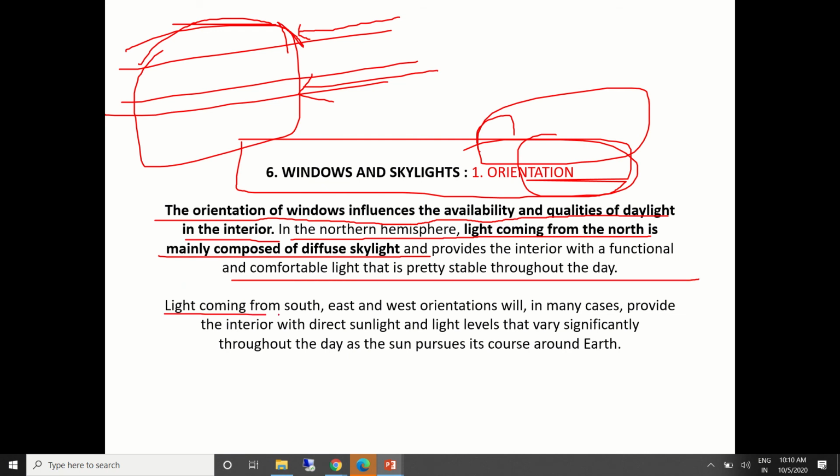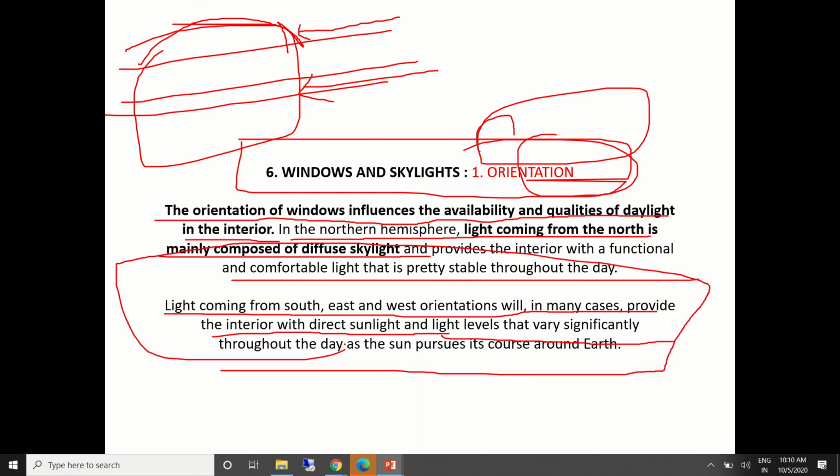Light coming from south, east and west orientations will in many cases provide the interior with direct sunlight, and light levels that vary significantly throughout the day as the sun moves. Okay, so we all know this, and the same topic has been brought in again.